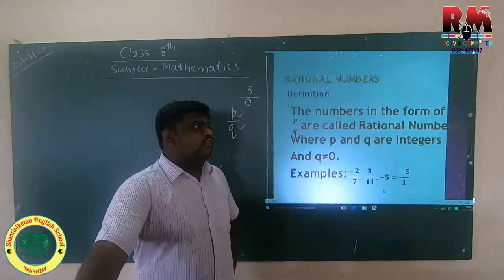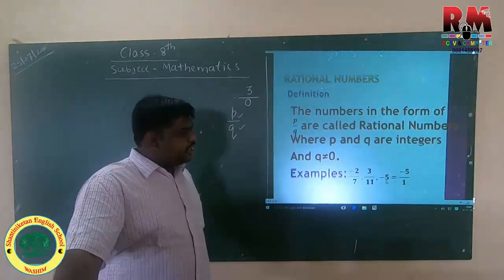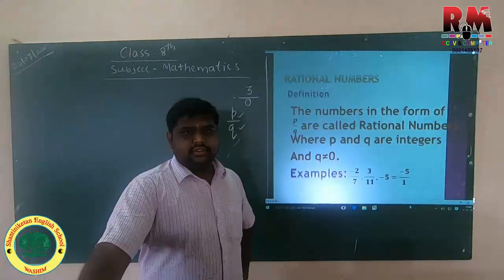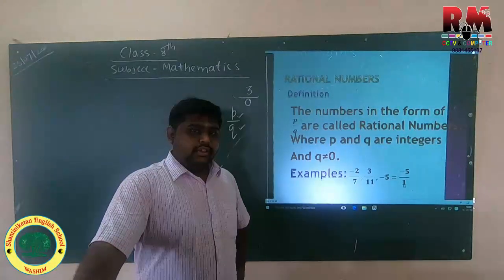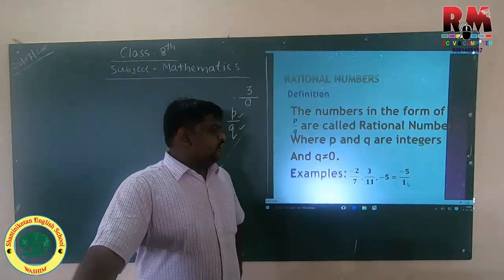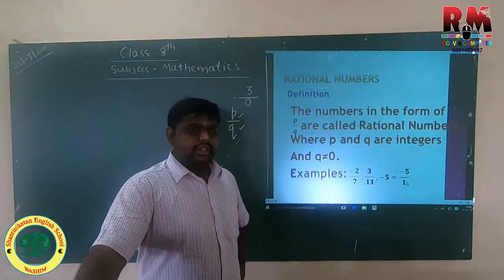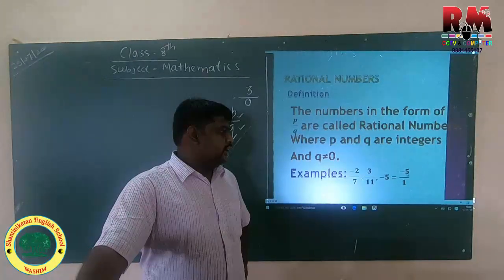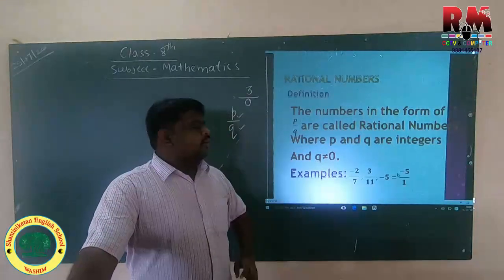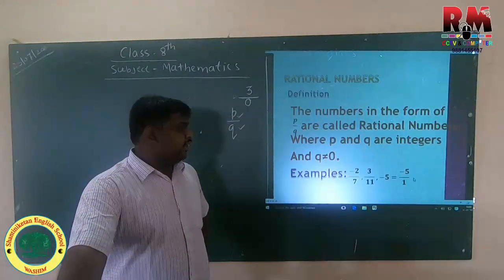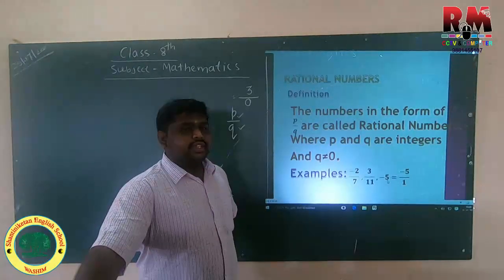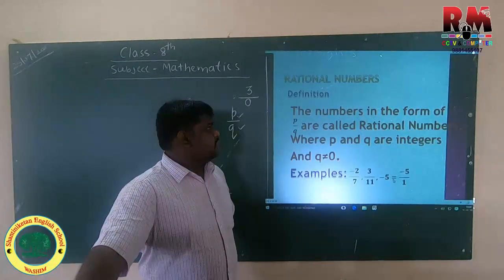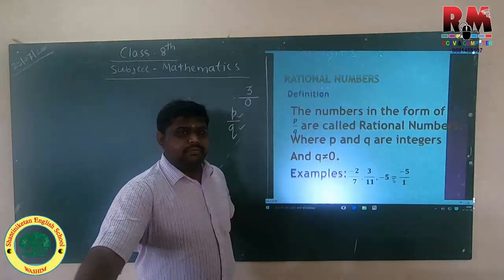Now -5. -5 can be written as -5 upon 1, in the form of p upon q, where p is -5 and q is 1. So we can say -5 is also a rational number.